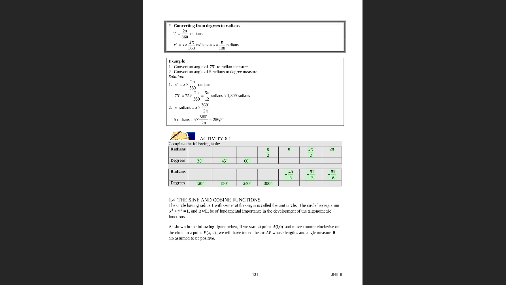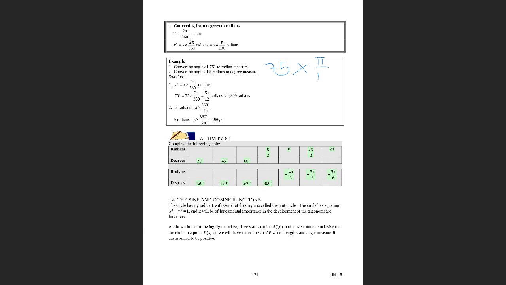Then our next thing that we are going to look at is, so you have 75 degrees. If you want to convert to radians, simply multiply by pi over 180.